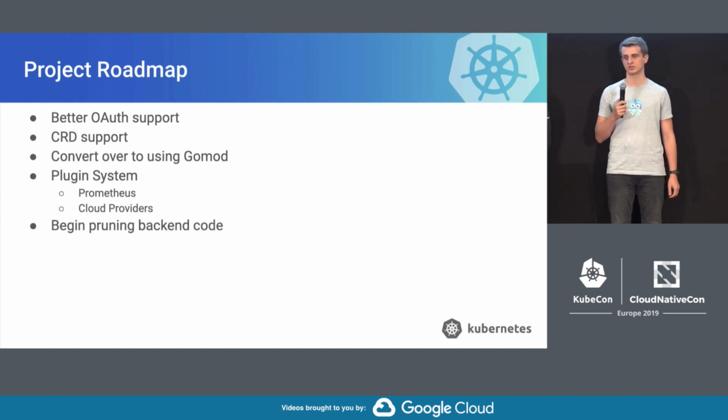A plugin system is really a feature that people want because they want to customize dashboard in their deployments, and we plan to make it generic. This is also something one of the GSoC students will be working on, and we'll provide support for them. And we will also begin pruning the backend code.